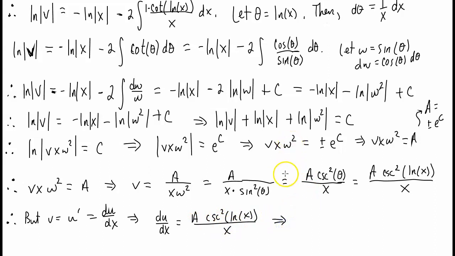And if we do some algebraic manipulation here, what we'll see is that du is just going to be A times cosecant squared of natural log of x, all that over x, dx. And here we just need to integrate both sides again.